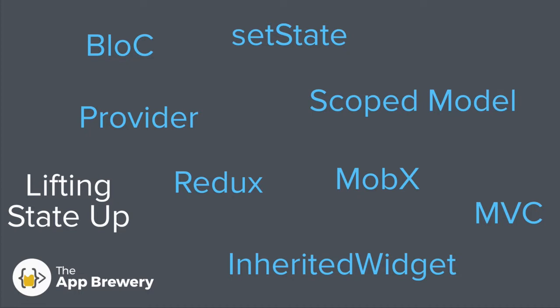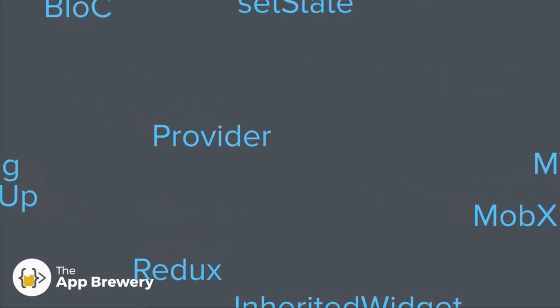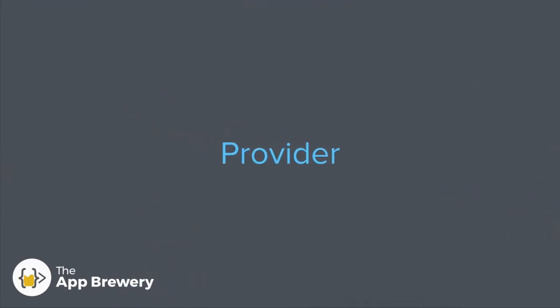So currently, the most flexible way of managing state is through the use of the provider package. And this is currently the recommendation from the Google Flutter team for us to use.